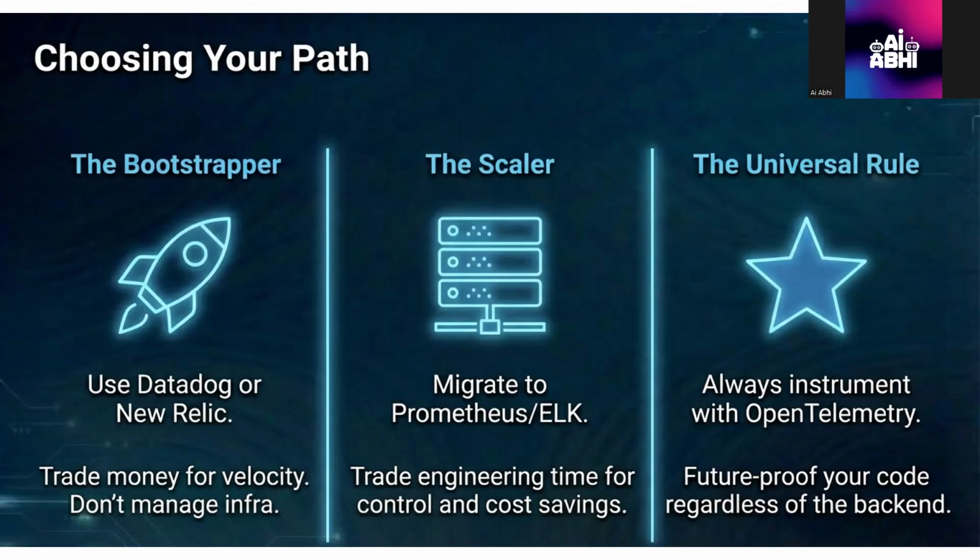Three, OpenTelemetry is the future. Instrument once, send anywhere, no vendor lock-in. Four, pick your tool based on your team size, budget, and how much infrastructure you want to manage. And five, always think about the full picture. Correlating logs, metrics, and traces is what turns data into answers.